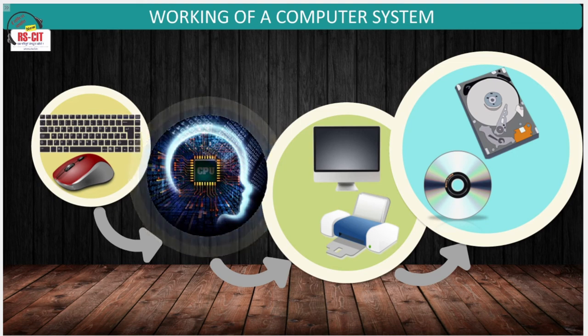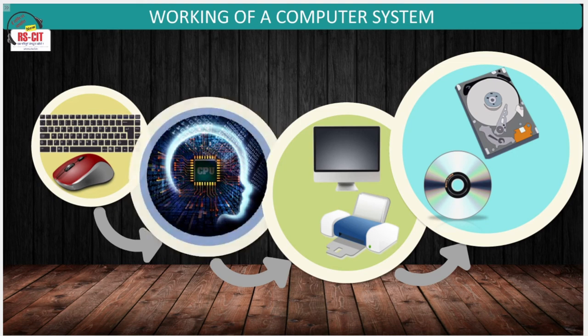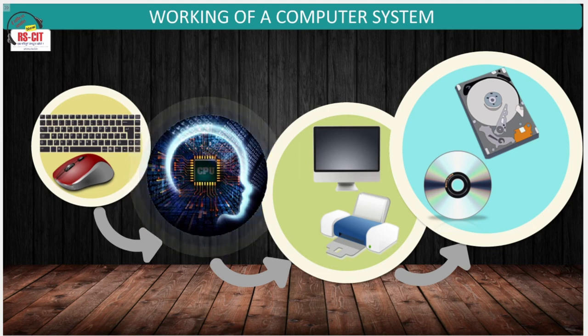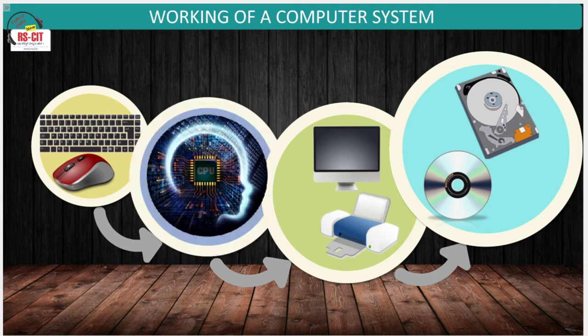Next comes the CPU, that is Central Processing Unit. It is also called the chip. A CPU, a processor or a microprocessor is often described as the brain of a computer. CPU is an integrated circuit or chip which processes instructions and data.